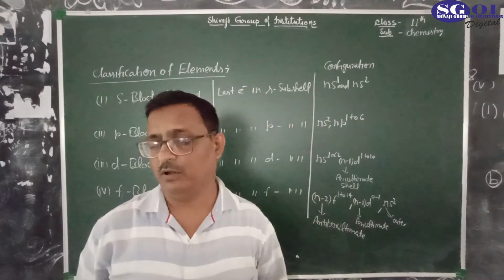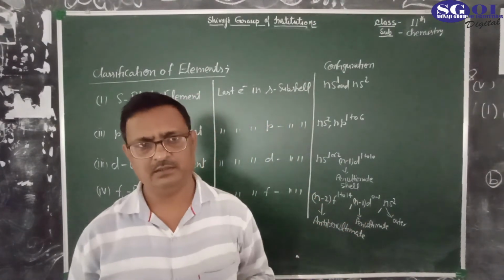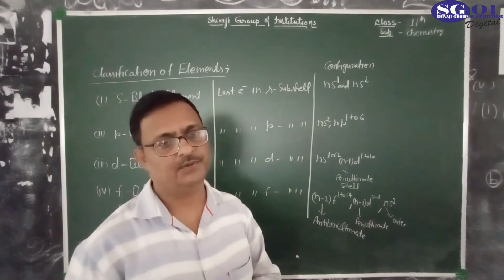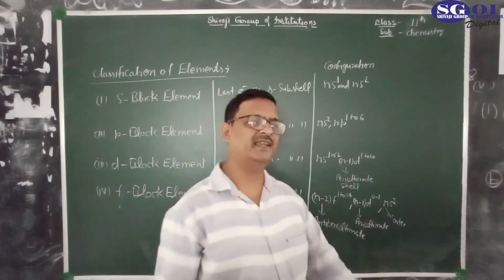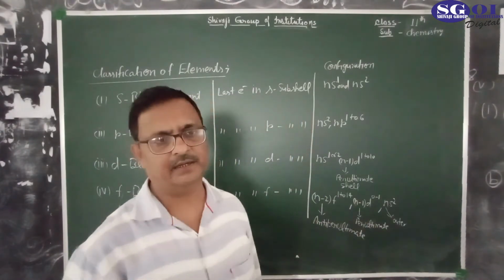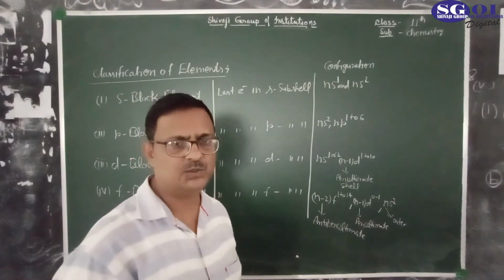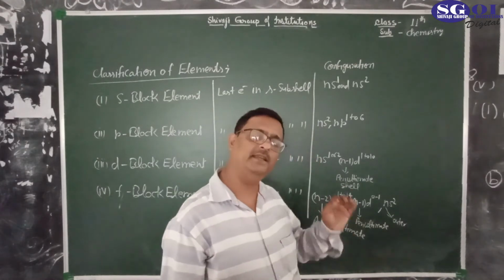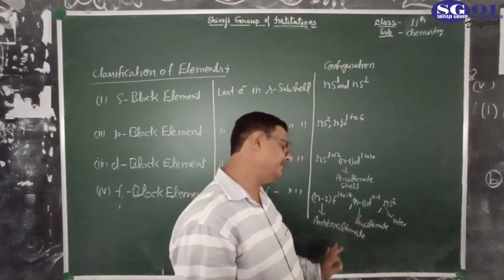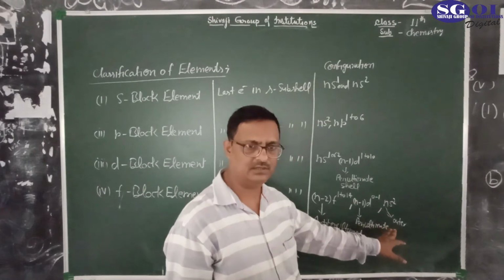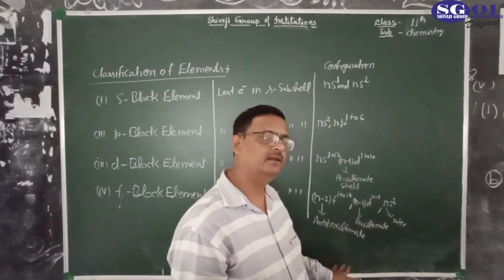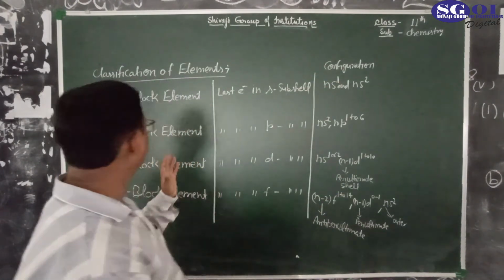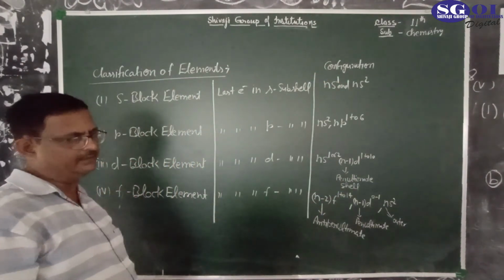If your last shell is the third, then the penultimate shell cannot be 2, because the second shell doesn't contain a D subshell. That's why for penultimate, the outermost shell must be the 4th, and for anti-penultimate, the outer shell must be 6. This is compulsory. So this is the general electronic configuration for the S, P, D and F block elements.